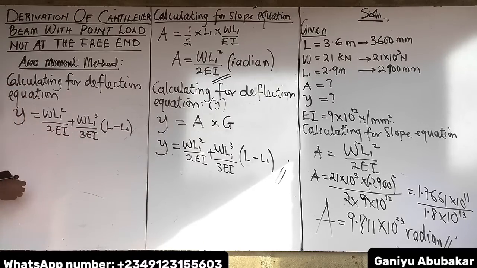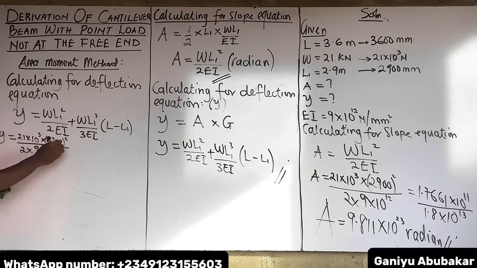So now the task is quite simple. I'll have that y is equal to, what's W? W there is 21 times 10 to the power 3 times L1, that's 2900 all squared, all over 2 times EI, that's 9 times 10 to the power 12.